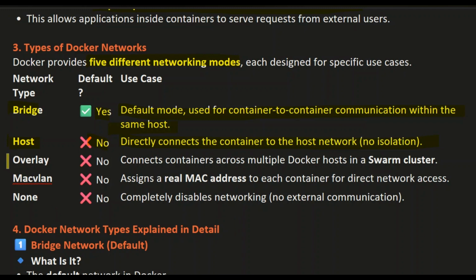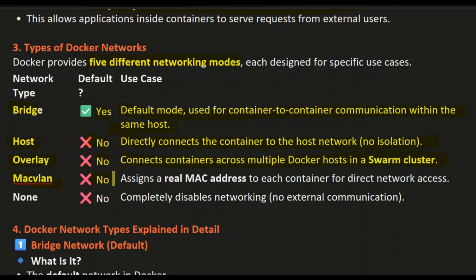3. Overlay network. Multi-host communication. Enables container communication across multiple hosts. Used in Docker Swarm for managing distributed applications. Ideal for microservices architecture across multiple servers. 4. Macvlan network. Acts like a real device.